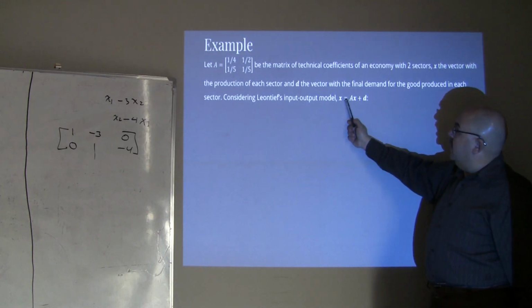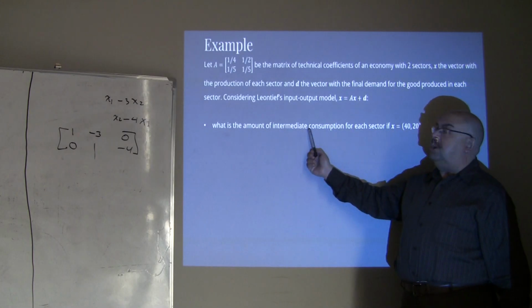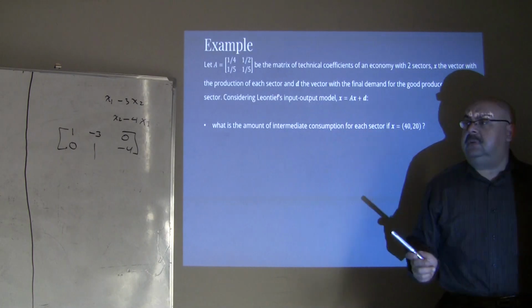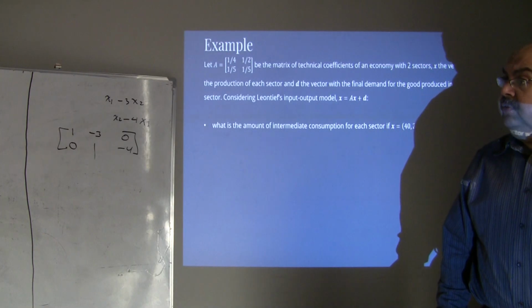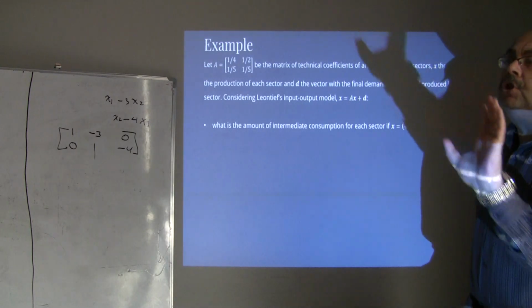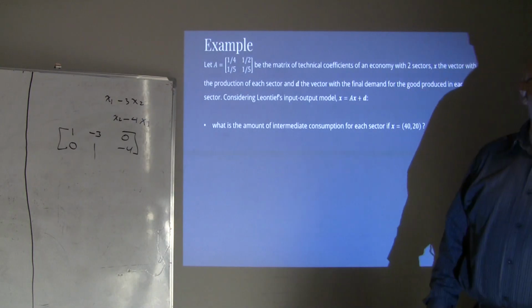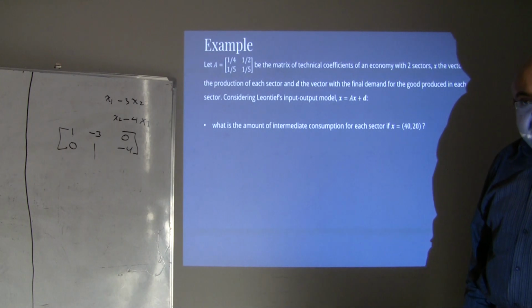Considering the identity X equals AX plus D, I can find the intermediate consumption. How to find the intermediate consumption? I will multiply the matrix of technical coefficients times the production. All I have to do is multiply the matrix by the production.